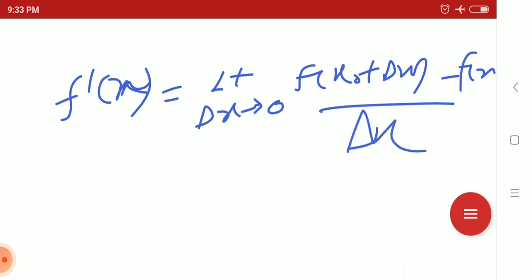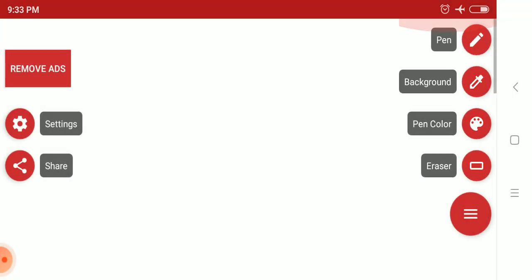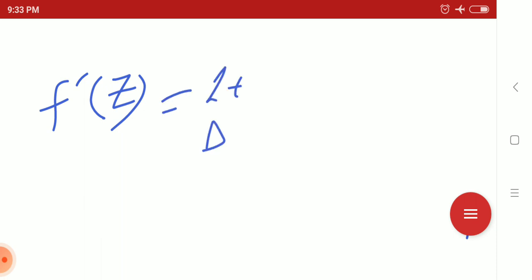Similarly, in case of a complex function, mathematically we can write the differentiability as f prime z equals limit delta z tends to 0. Always remember, it is not z tends to 0 here, it is delta z tends to 0.